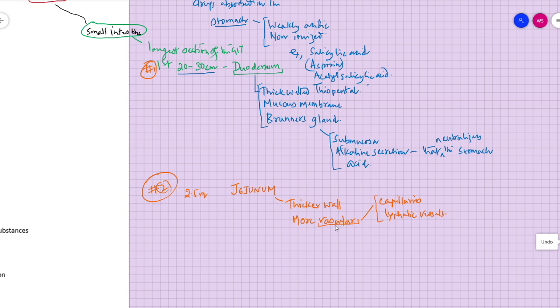Okay. So if it's a water-soluble drug, that would go into the capillaries, and if it's highly lipophilic, it would enter into the lymphatic system. Okay, lymphatic vessels, and then it will follow the transport of lipids, but the point is it's more vascular. And most importantly, there are numerous villi.